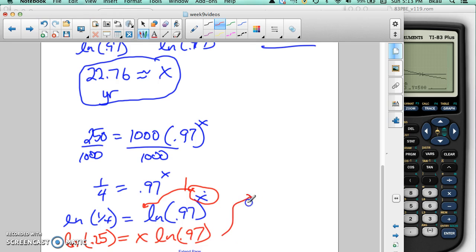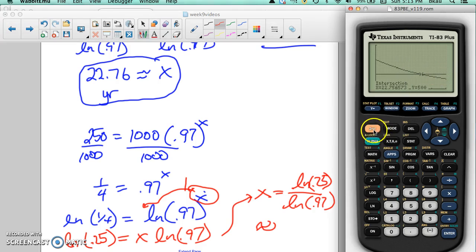And so our answer here is going to be x is equal to ln 0.25 divided by ln 0.97, which is about, let's see what it is, ln of 0.25 divided by ln 0.97.